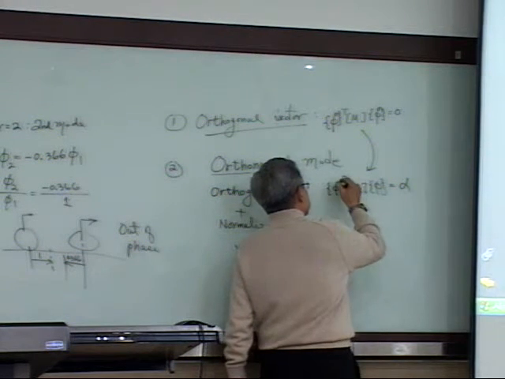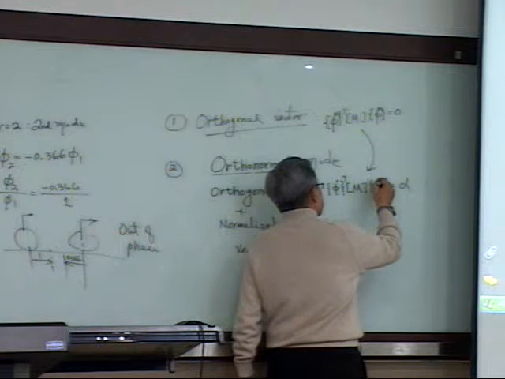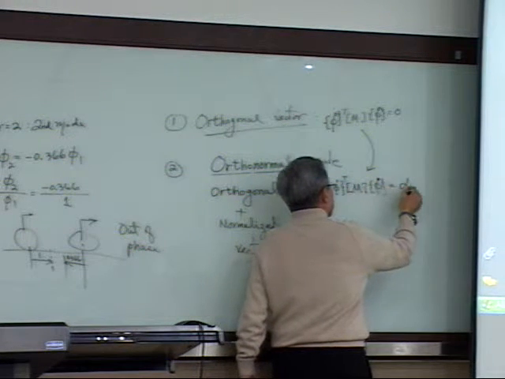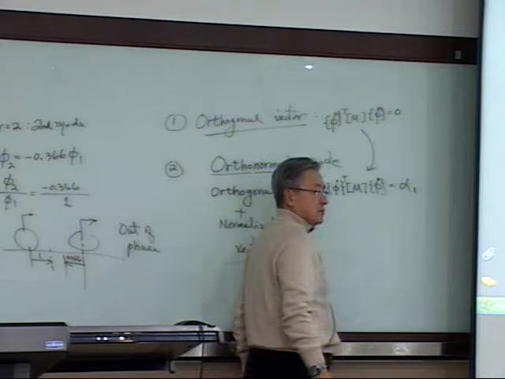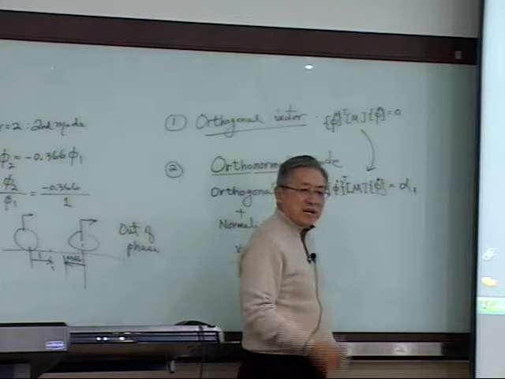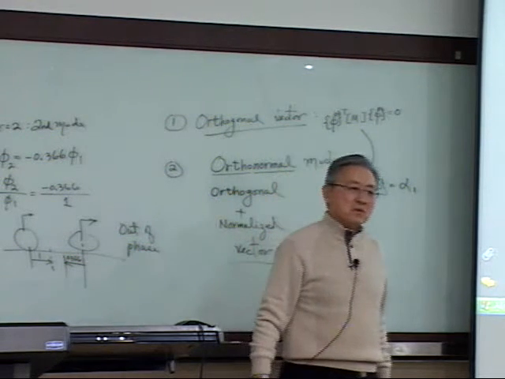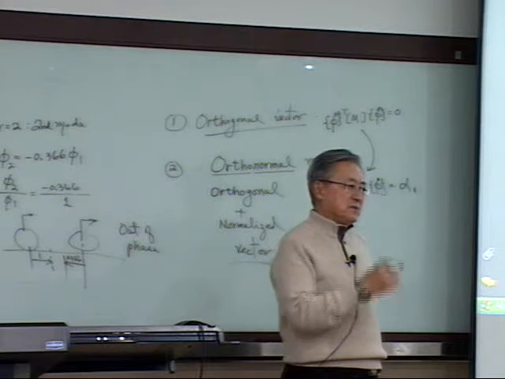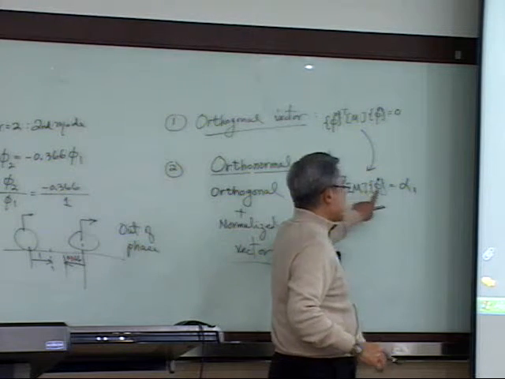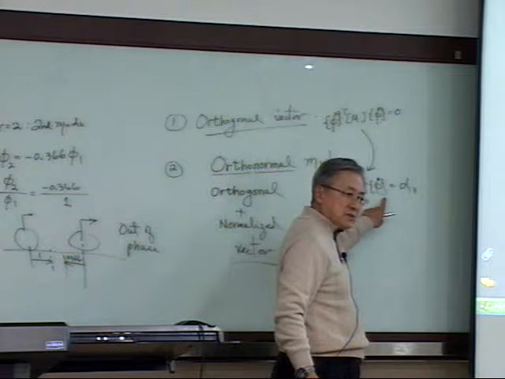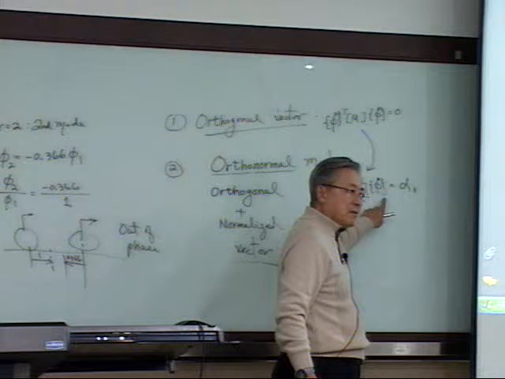If this is 1, this is 1, then this is alpha 1. Non-zero. If it's the same mode. If this is not the same as this, then that's a 0.